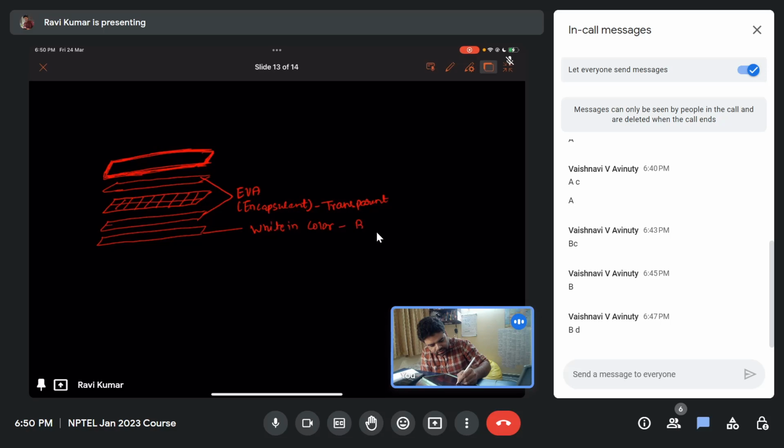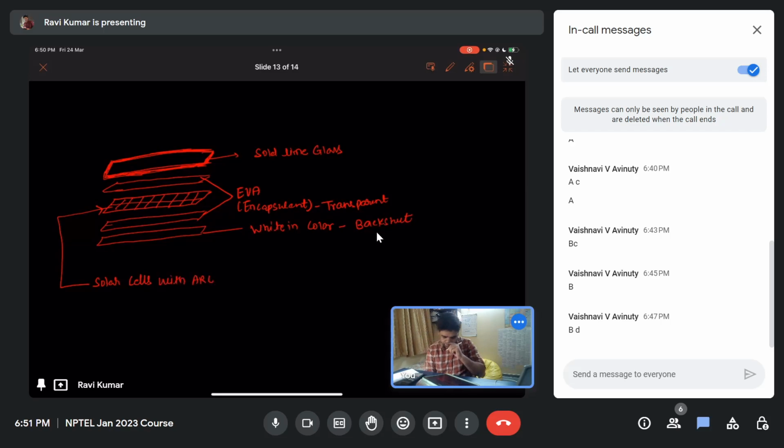This is backseat, and this is our soda lime glass, and this is the cell, solar cells with ARC. So this is the basic structure of a module.